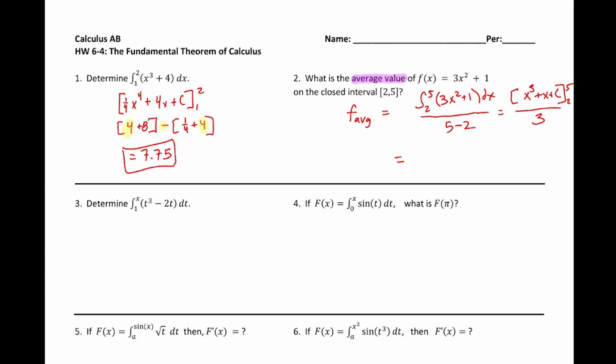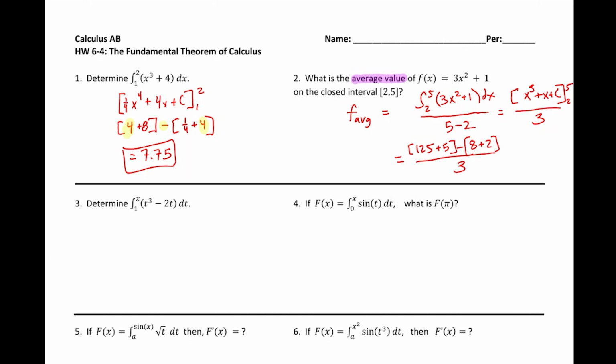Kind of needed a little bit more room here. So plugging in 5. Ooh, 5 cubed. What in the world's 5 cubed? So 5 times 5 is 25, times 5 is 125. So we have 125 plus 5 minus, and if I plug in 2, I'm going to get 2 cubed is 8, plus 2, and all that divided by 3.